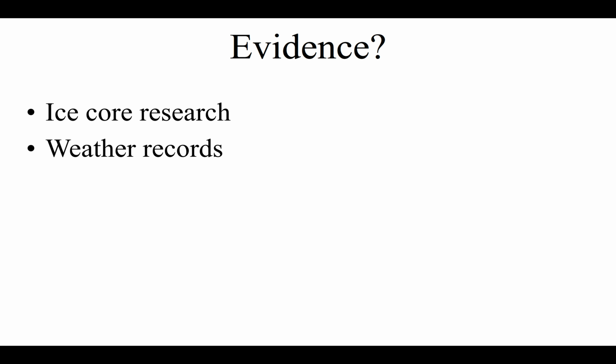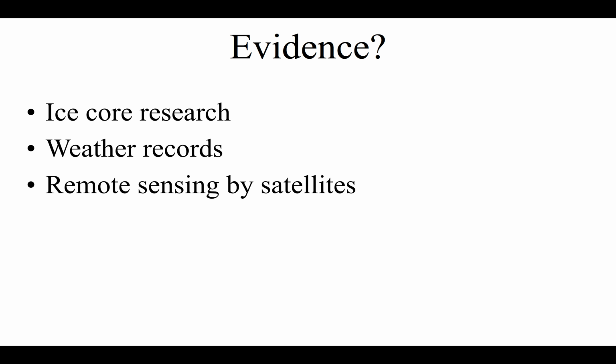We can also look at weather records. Over the past century or so, we've seen a gradual increase in average temperatures, and those increases are accelerating. Remote sensing by satellites, you can do a lot of very interesting stuff, measuring weather and water vapor and infrared radiation and other stuff with satellites.